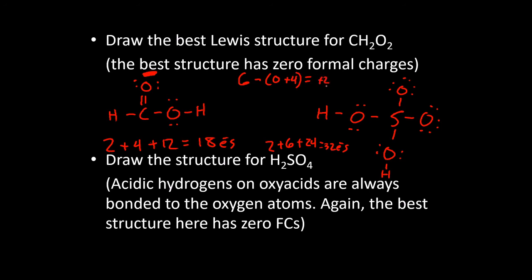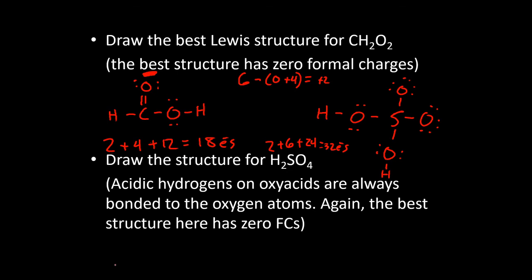It's very angry. And so the oxygens being -1 is not great either. So how would we fix this? If you want to try and figure it out on your own, I encourage you to pause the video and see how you could fix this structure to get 0 formal charges for everything.